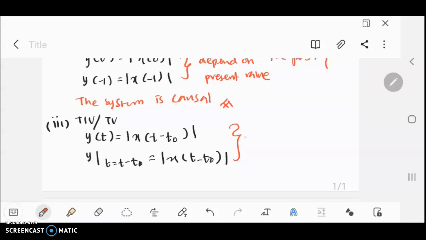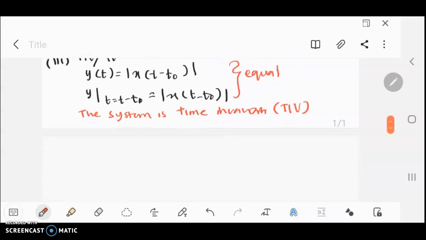It is equal. So this system is time invariant. Time invariant. Yay, there we go.